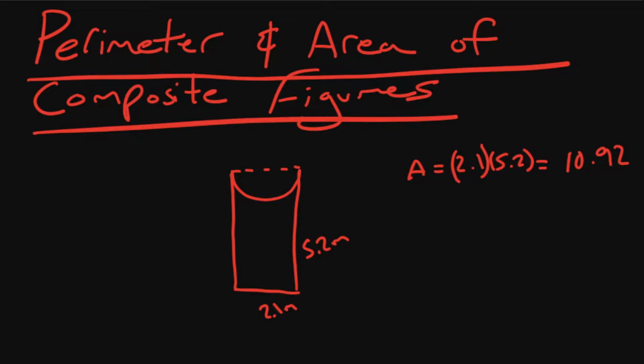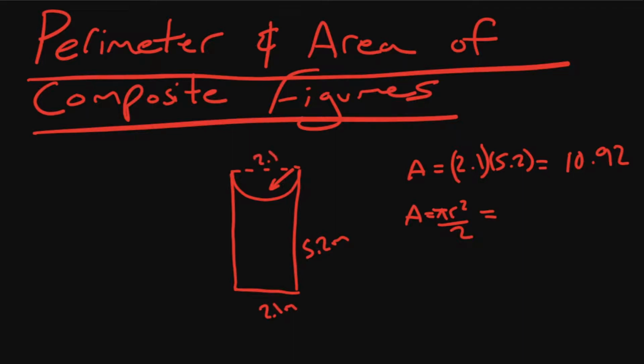But what we can do now is basically subtract the area of this circle that is not here by using our semicircle, well, our circle formula. The area of a circle is pi r squared. That'll give us the area of the whole circle, but we want a semicircle, which is half of the circle. So we're going to do pi r squared over 2. And if we plug in our radius, right now we're given the diameter of 2.1.